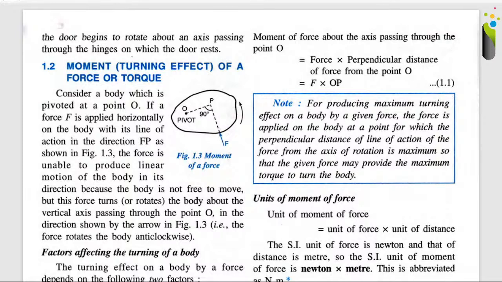Coming to 1.2, moment, turning effect of a force or torque.